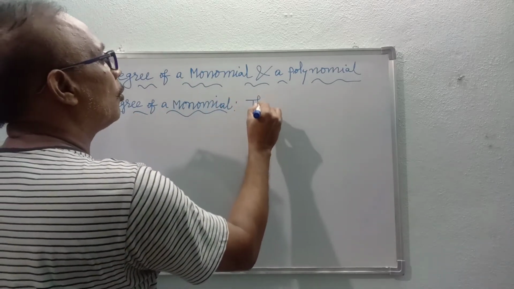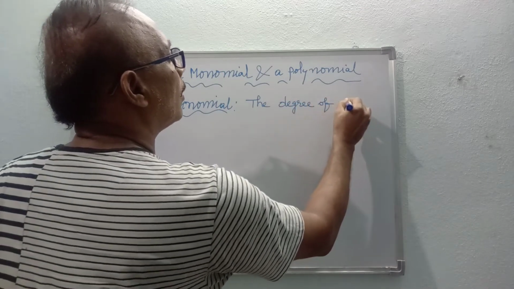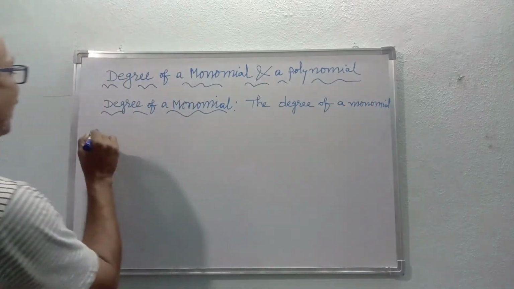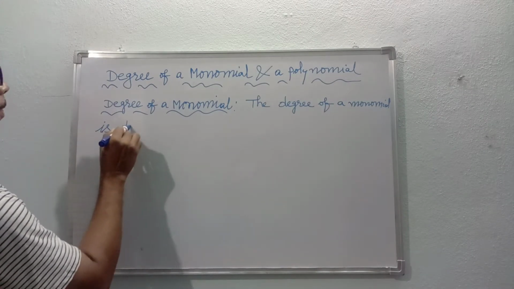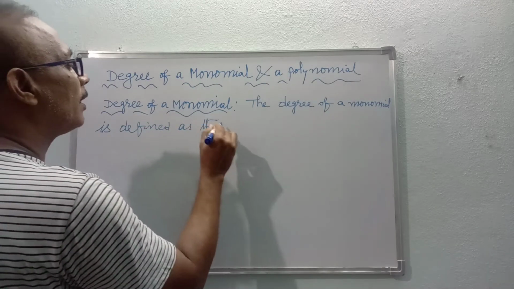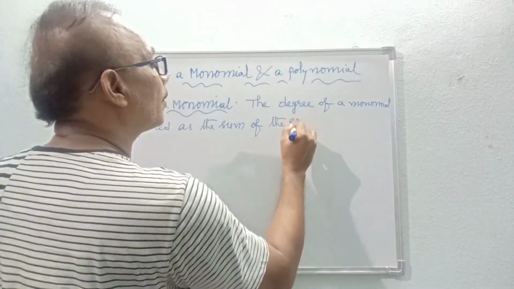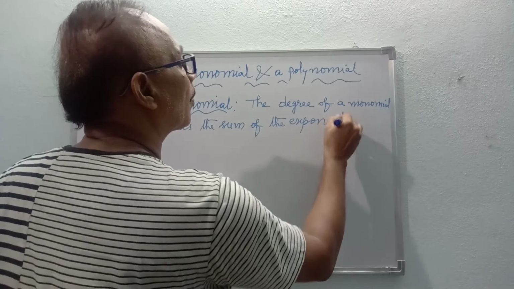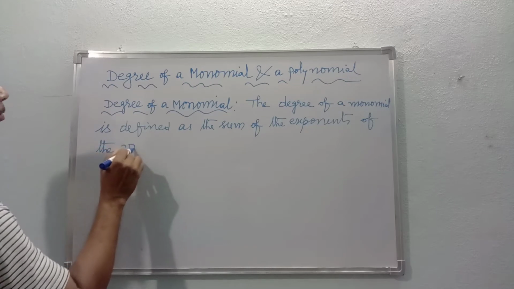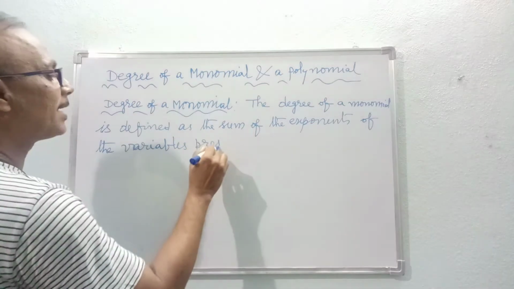The degree of a monomial is defined as the sum of the exponents of the variables present in it.